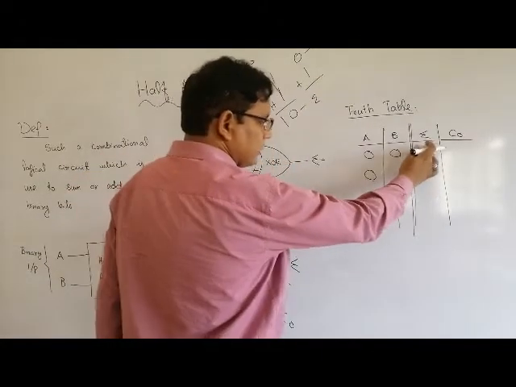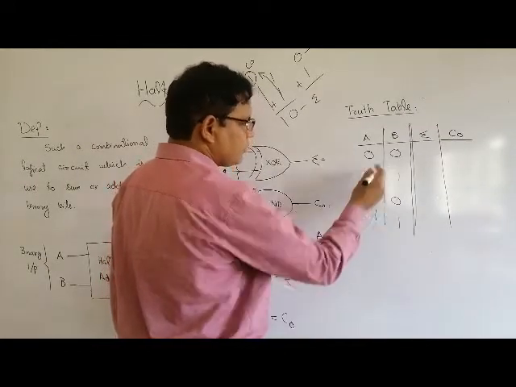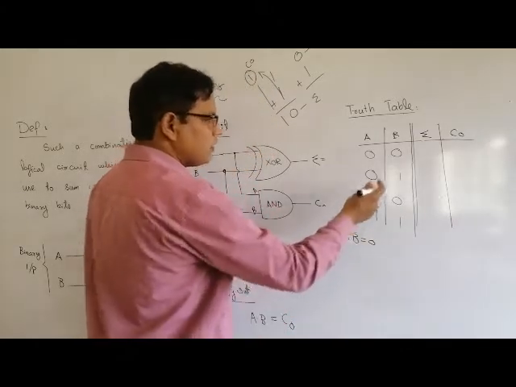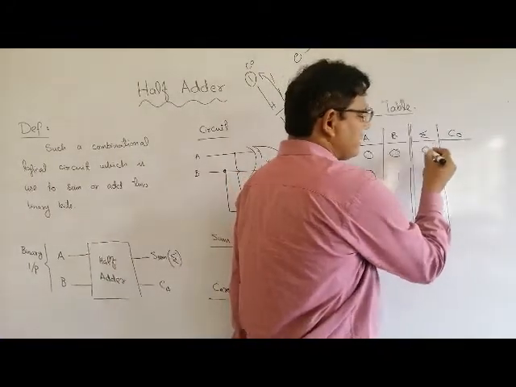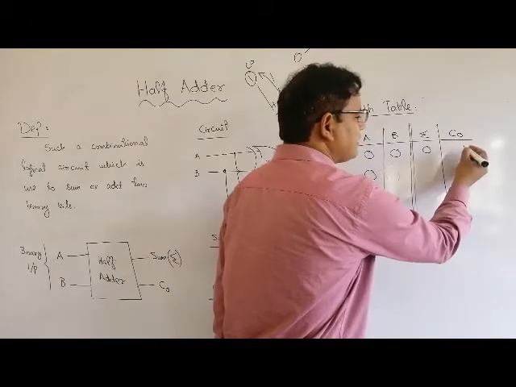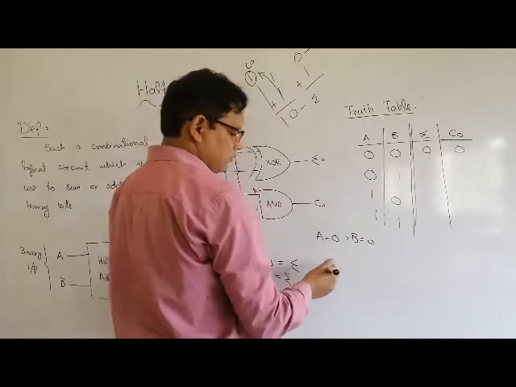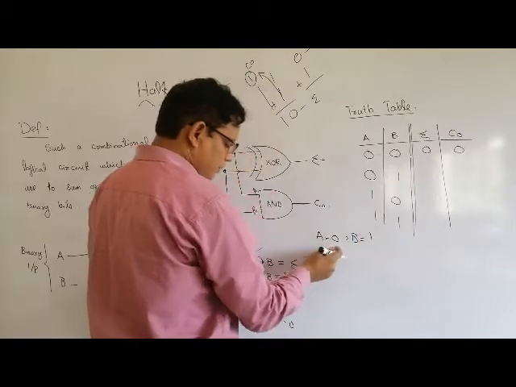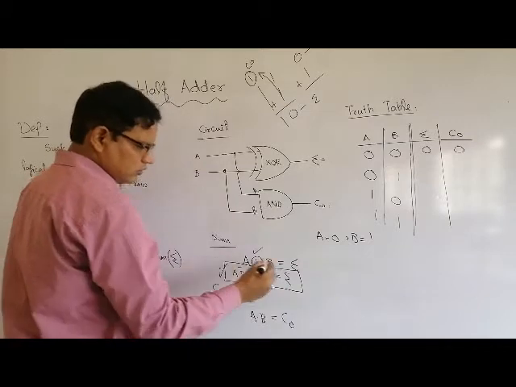First I will complete the sum column. Now A is 0, B is also 0, and we want to know the sum. We all know that 0 plus 0 is 0. Again we have 0 and 1: A is 0, B is 1. I will put these values in the formula.